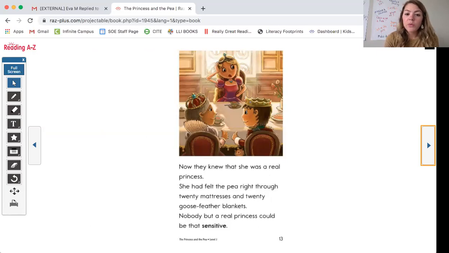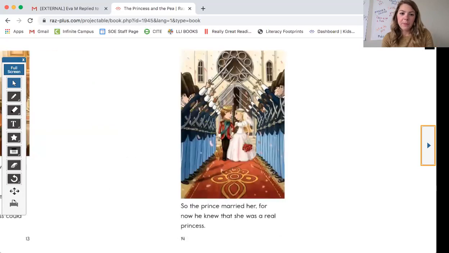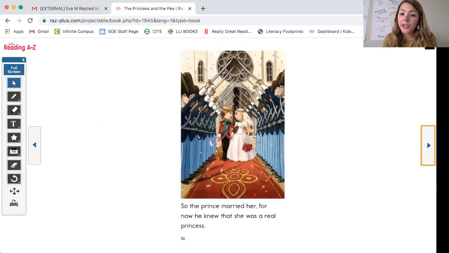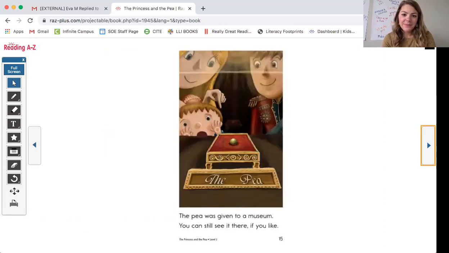She had felt the pea right through 20 mattresses and 20 goose feather blankets. Nobody but a real princess could be that sensitive. So the prince married her, for now he knew that she was a real princess. The pea was given to a museum. You can still see it there if you like.